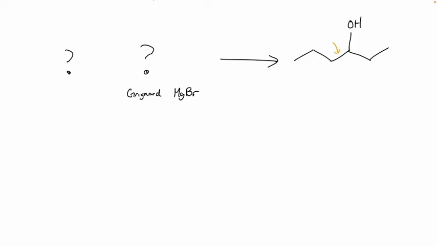An aldehyde or ketone, right? So those carbonyl carbons are what react with our Grignards. So I'm going to have an aldehyde or a ketone here. One molecule is my Grignard, it's got that MgBr. The other one is my aldehyde or ketone.